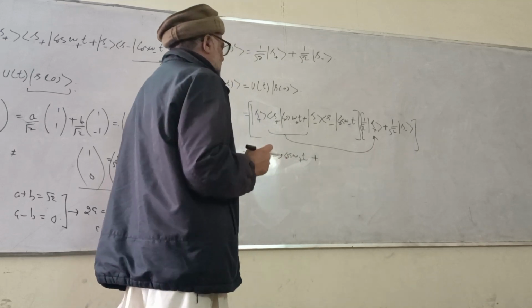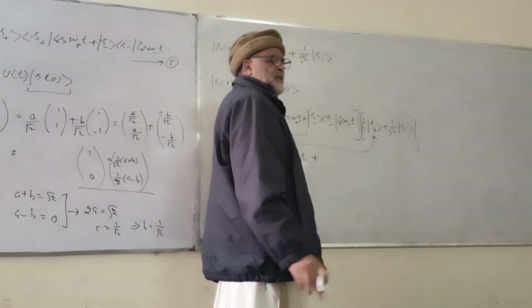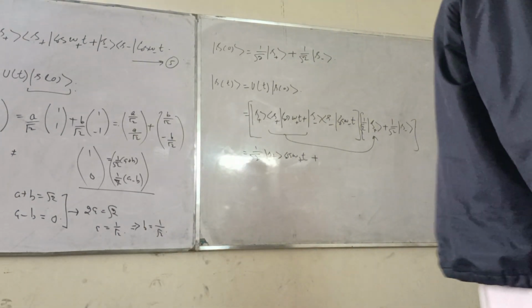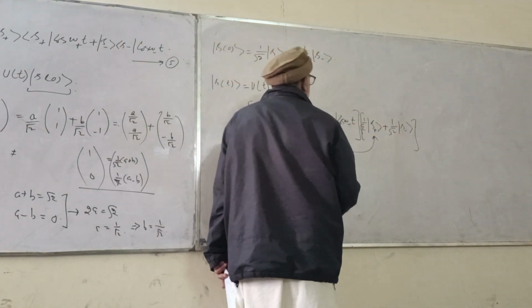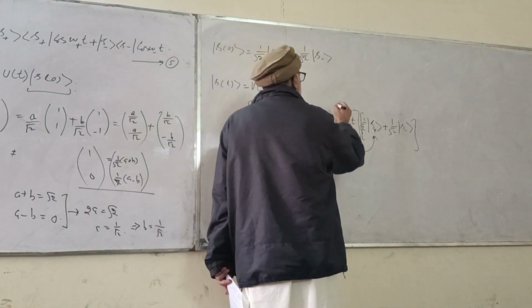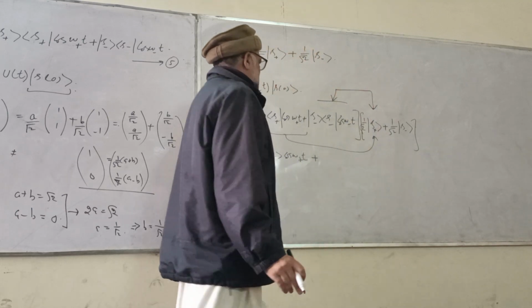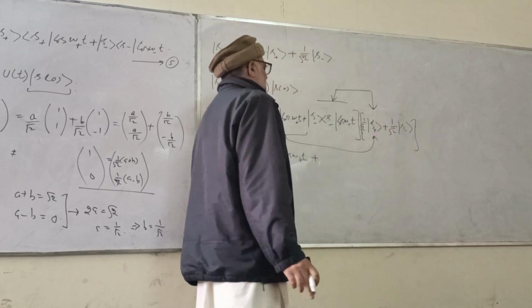They will be 0 because these are two different vectors of a space, and their dot product will be equal to 0. So that will vanish. Now the term of this one with this, this will also vanish because here is a minus and here is a plus.